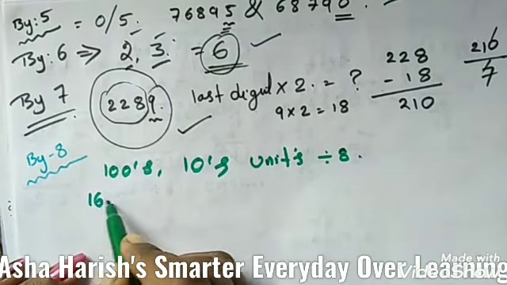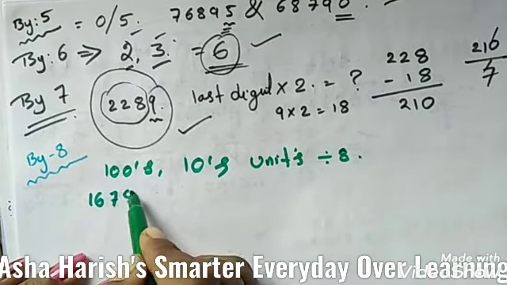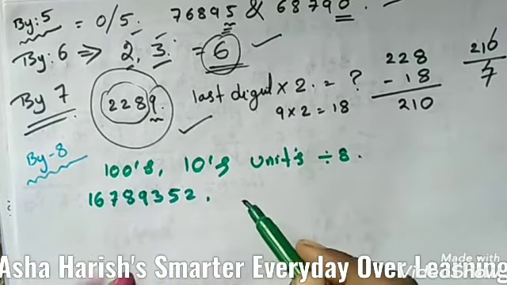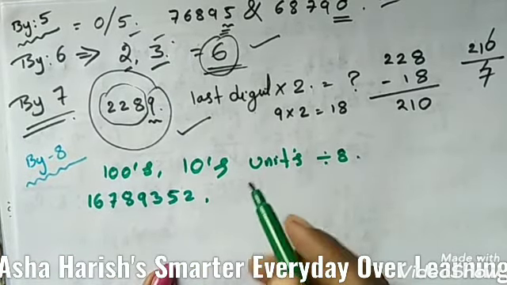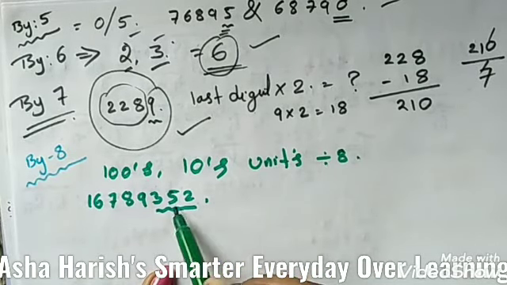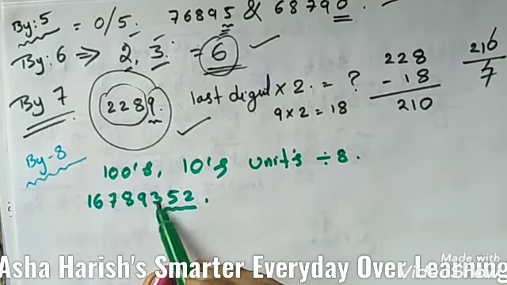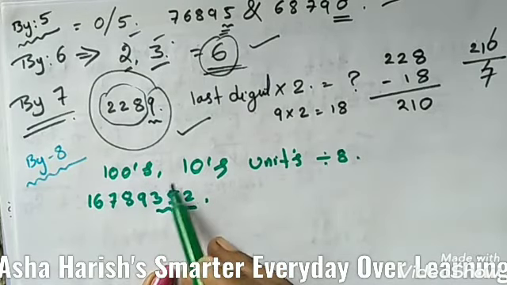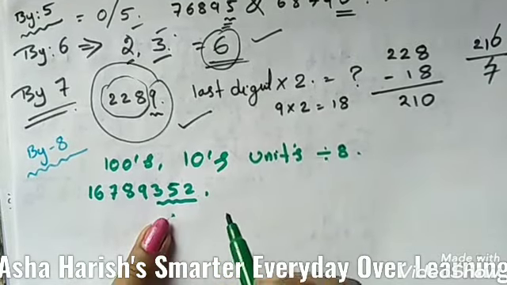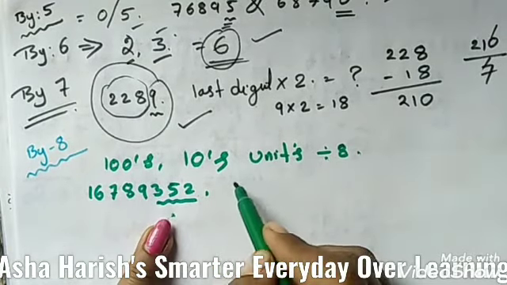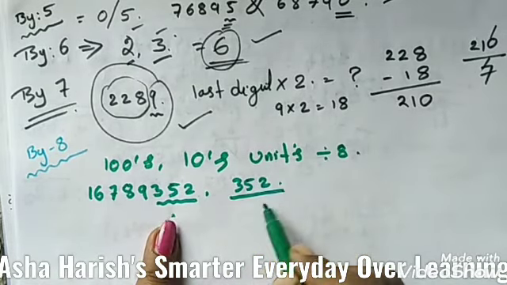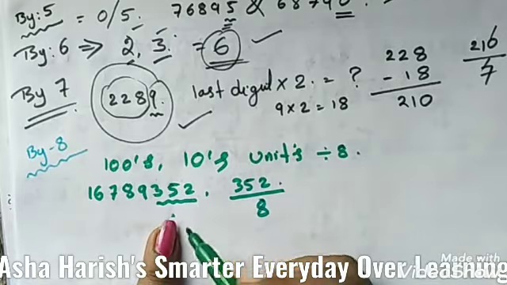Suppose you have the number 1678352. The number formed by the last 3 digits, that is units place, tens place, hundreds place, is 352. If it is divisible by 8, the entire number is divisible by 8.